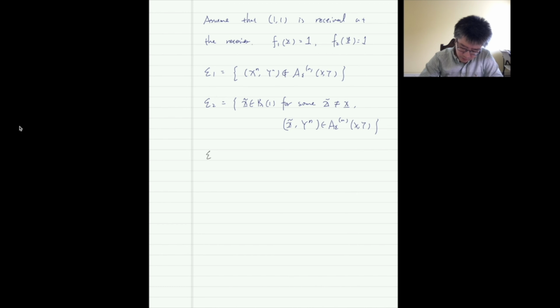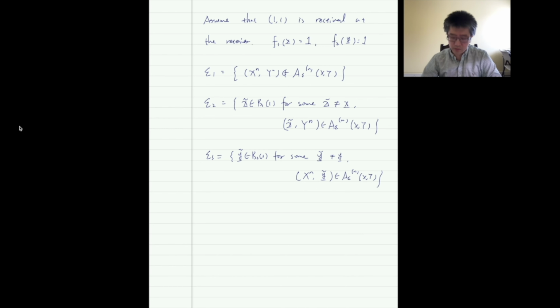Similarly, epsilon 3 is the event for y, right? If y tilde is not equal to y, however x and y tilde are in the typical set, then we're also going to have an error. The last error event is that we have both x tilde and y tilde, none of them transmitted, but they are jointly typical.